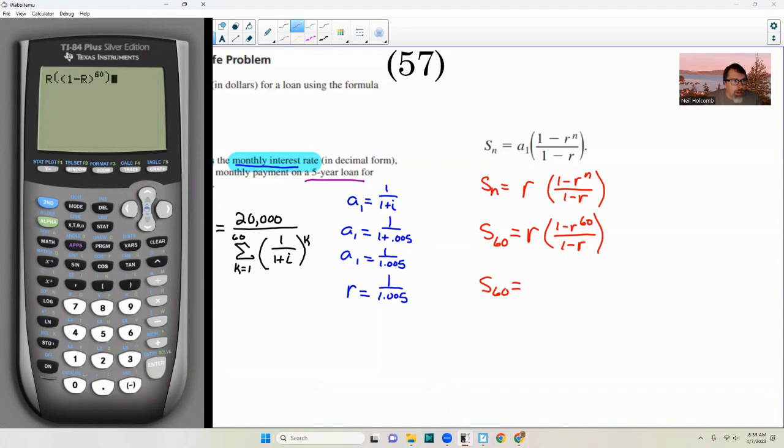So there's my r times my numerator. Then I'm going to divide by 1 minus r, and that has to be in parentheses. Okay, so we had r times 1 minus r to the 60 divided by 1 minus r, and hit enter. And I got 0. Why?